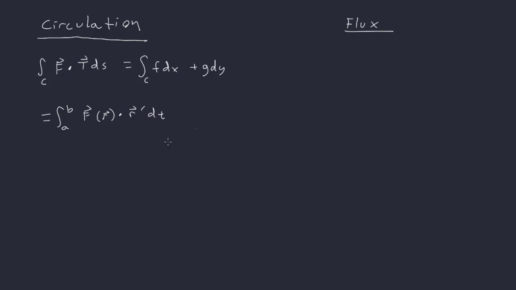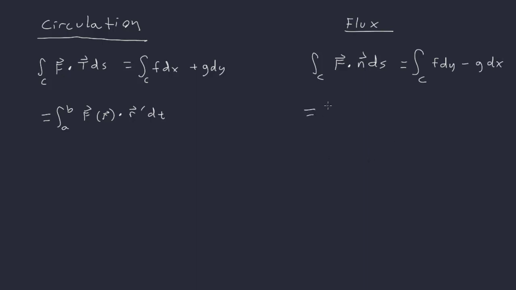So to compare the flux to the circulation, here's our formulas. Instead of f dot t, of course, we have the integral over c of f dot n ds, which can be rewritten instead of f dx plus g dy. We can say it's the line integral of f dy minus g dx.